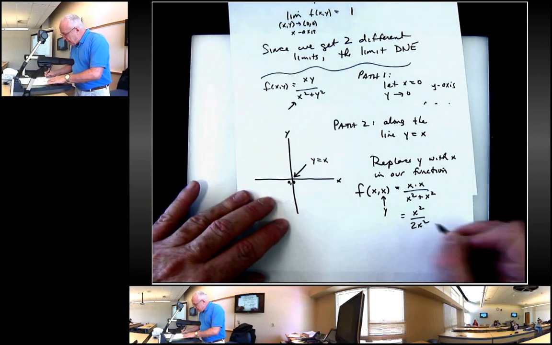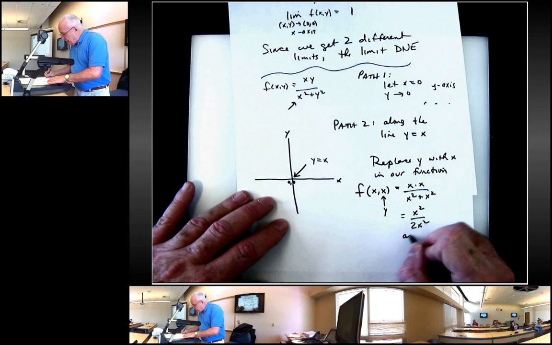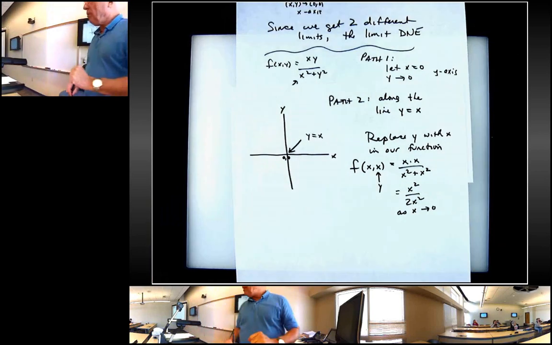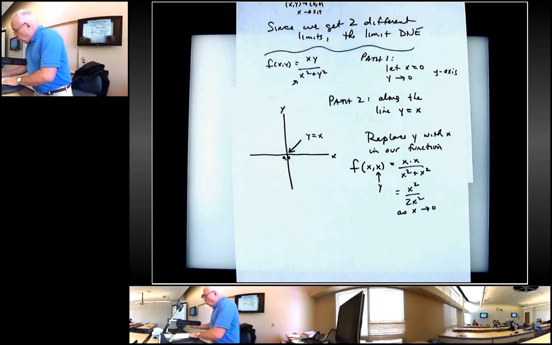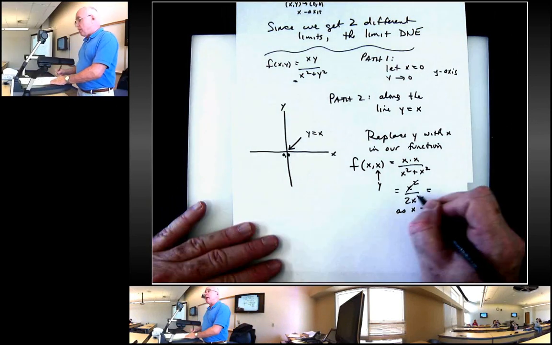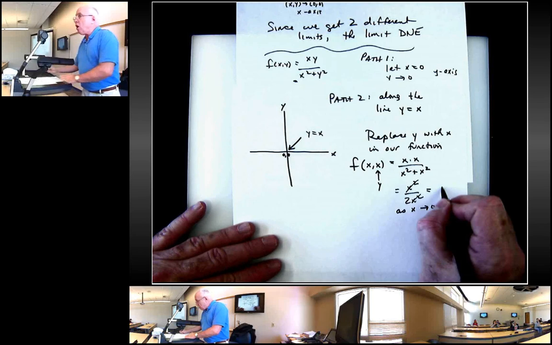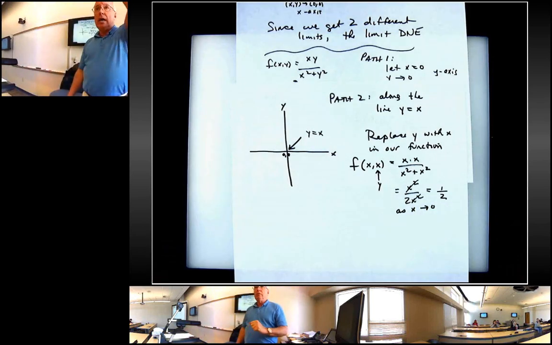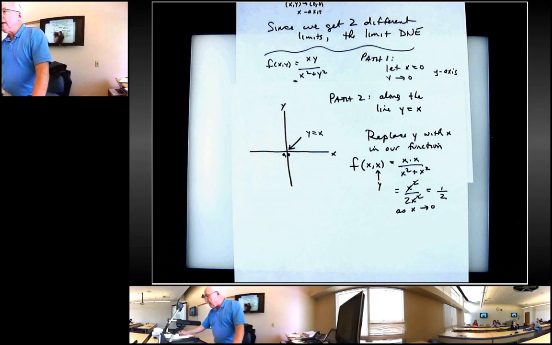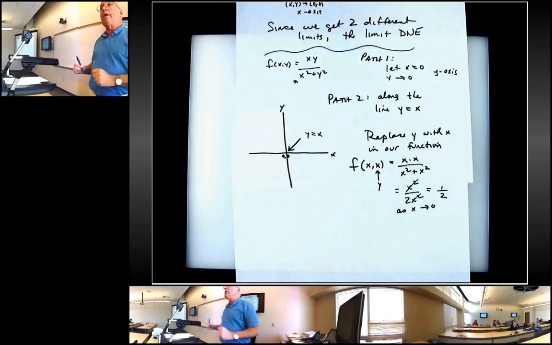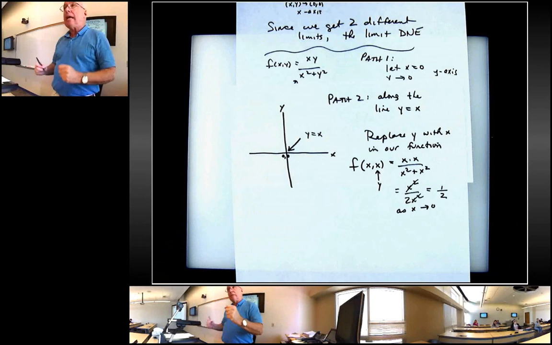Now, this is as x is getting smaller and smaller, going to 0. Again, I can cancel out x squared, and what do I have? Along this path, it's 1/2. 1/2, 1/2, 1/2, getting closer and closer to 0, 0. It's always equal to 1/2. So its limit has to be 1/2.